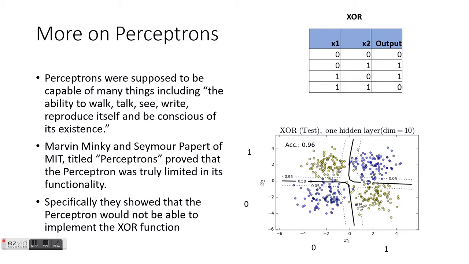And a perceptron was not able to come up with the non-linear boundary to be able to differentiate these two data sets, and that's where the shortcoming of the perceptron was shown.